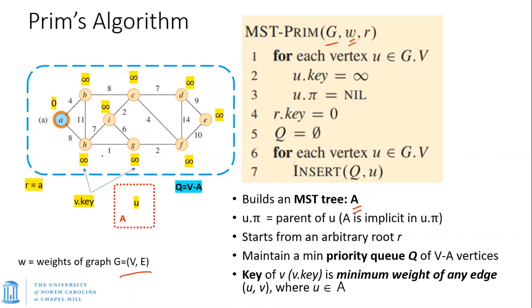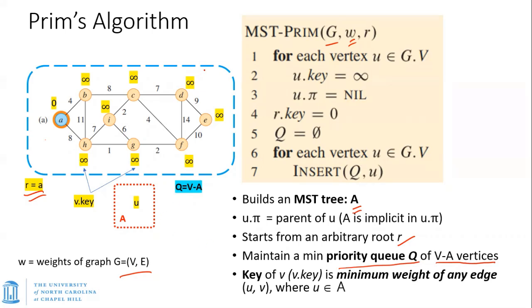Let's say that we picked the root to be A over here. So we've got an arbitrary root, and what we're going to do is maintain a priority queue, which comprises the rest of the vertices, V minus A.